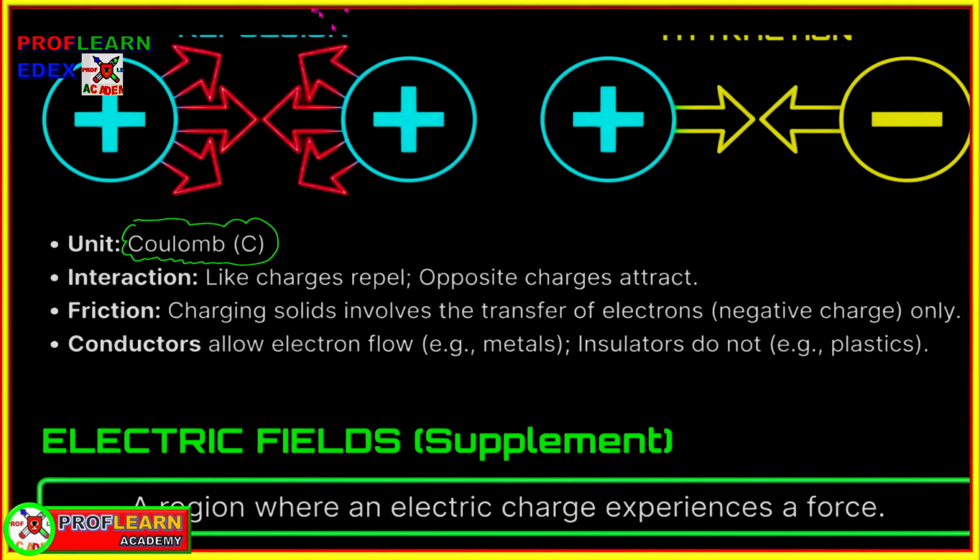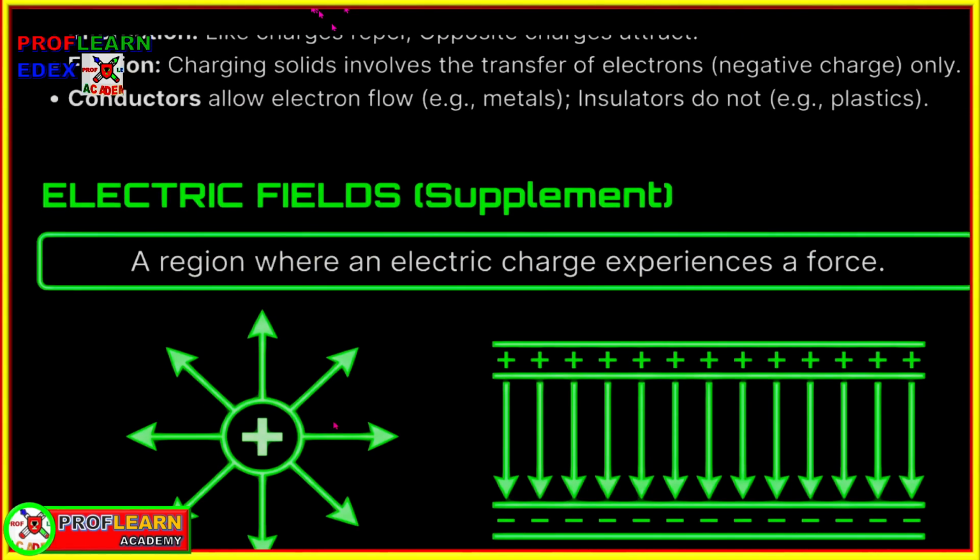For that reason, once electrons have been transferred, the material that lost electrons remains positively charged, and the material that received electrons becomes negatively charged. That needs to be well understood. So let's move down and see what else you need to understand.